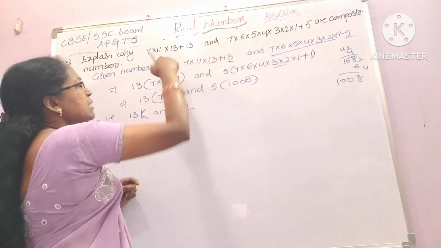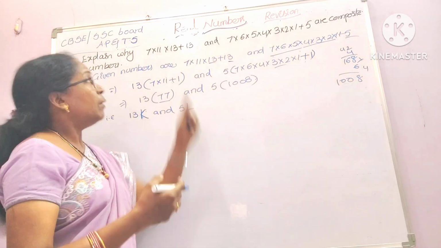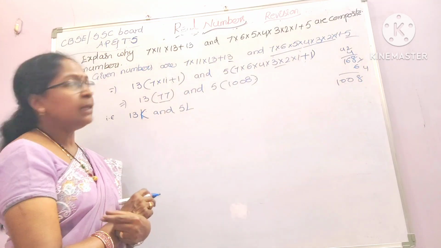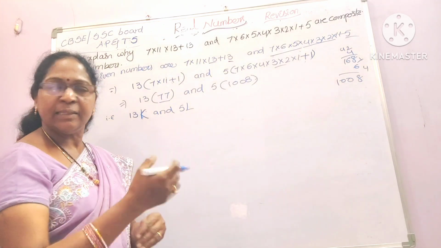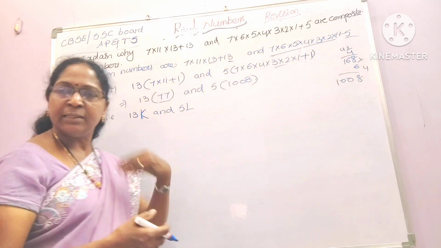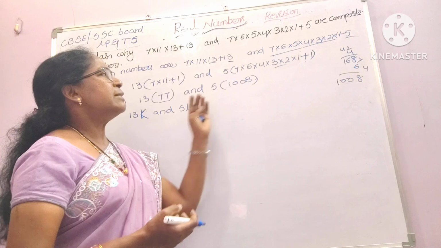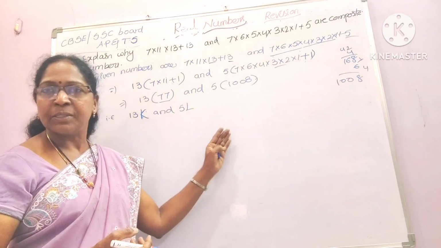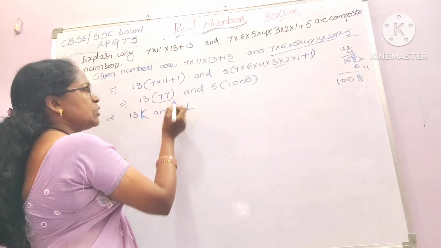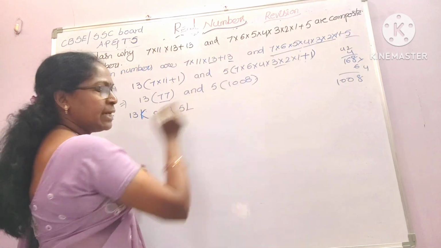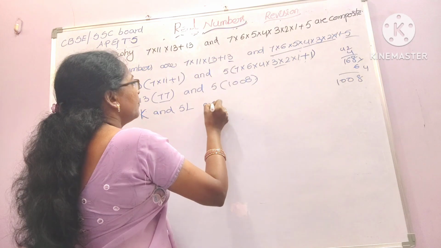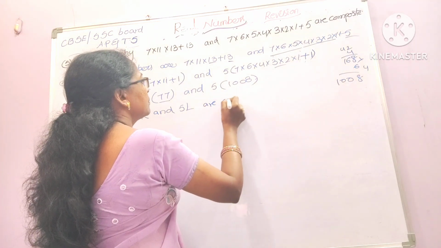That means these numbers are multiplied by other two numbers. That means the given number is in the form of the product of two numbers. Whenever any given number is in the form of product of two numbers, simply you can say that those numbers are composite numbers. So 13k, k is some constant number and l is also some constant here. So 13k and 5l are composite numbers.